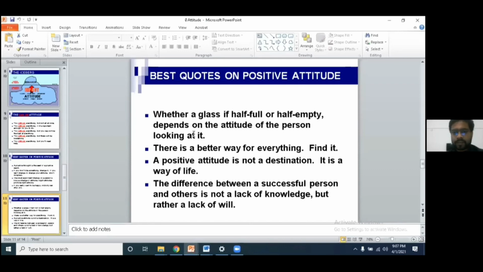The difference between a successful person and others is not a lack of knowledge, but rather a lack of will. Between a successful person and a not successful person, there is a difference. The difference is not in knowledge, it is rather a lack of will.